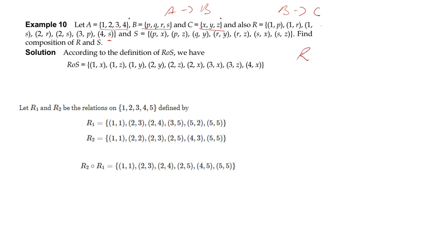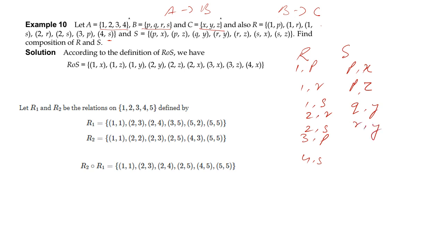Let us first list all the pairs of R: 1 comma P, 1 comma R, 1 comma S, 2R, 2S, 3P, 4S. Let us list all the pairs of S: PX, PZ, QY, RY, RZ, SX, SZ.